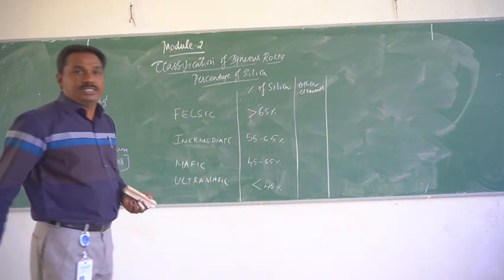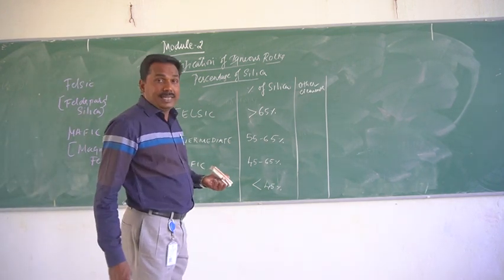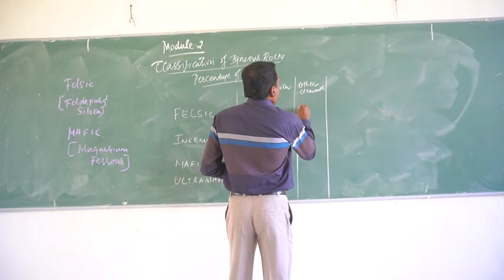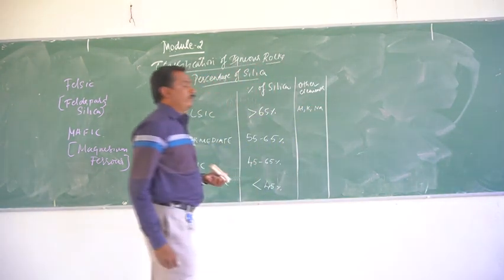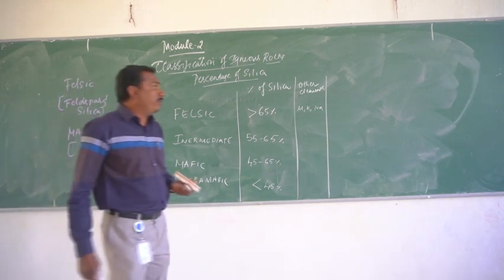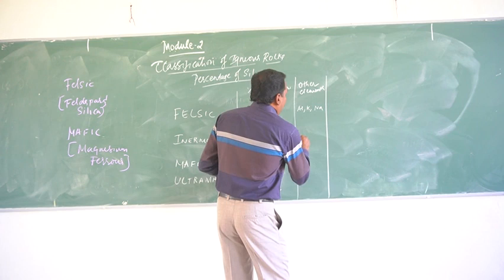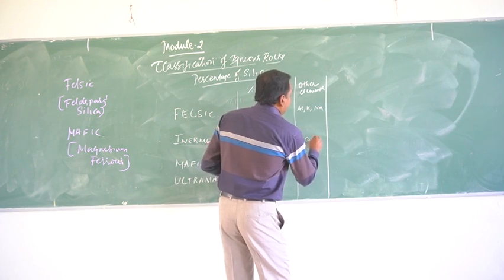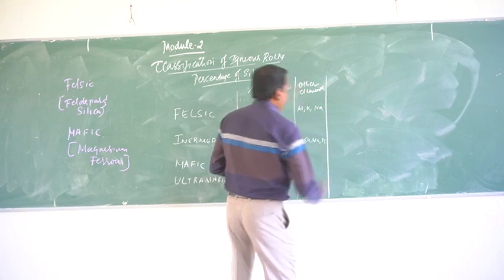The other elements present in the felsic are aluminium, potassium and sodium. Then in the intermediate, the elements present are aluminium, calcium, sodium and iron.